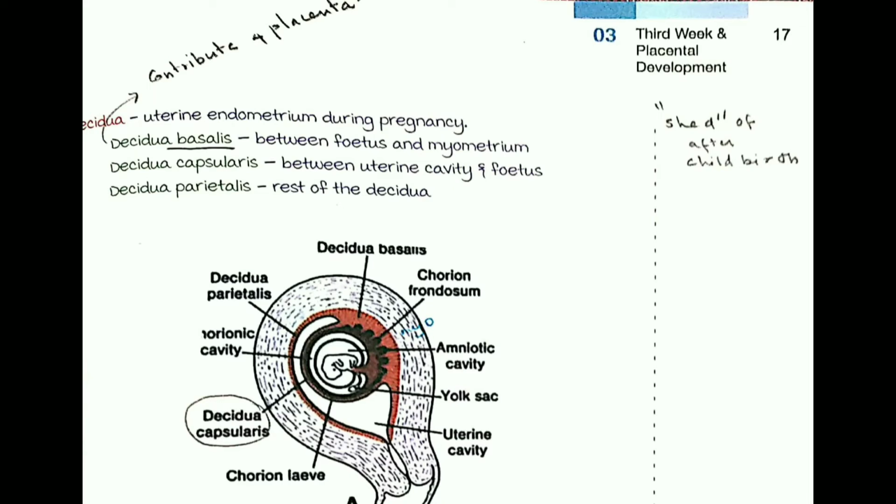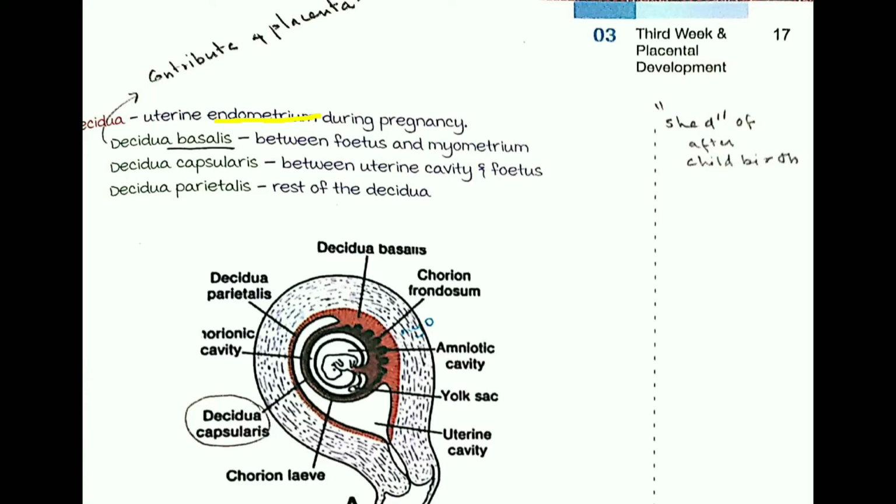And now some words about decidua. What is decidua? Decidua is nothing but the uterine endometrium during pregnancy. It is the uterine endometrium, but during pregnancy we call it by a specific name, decidua. And why is it called decidua?